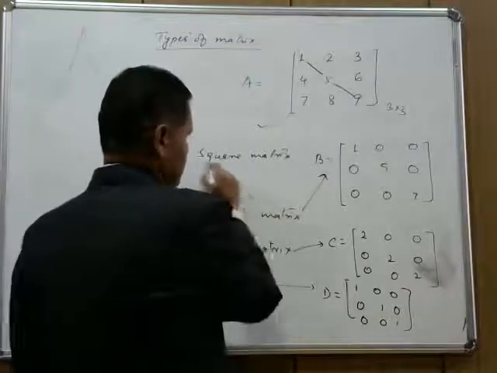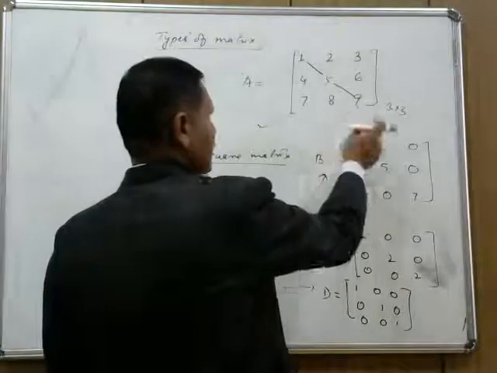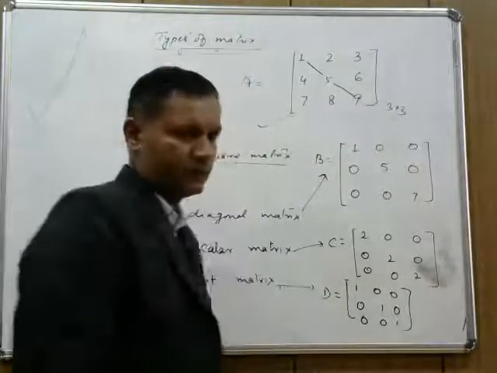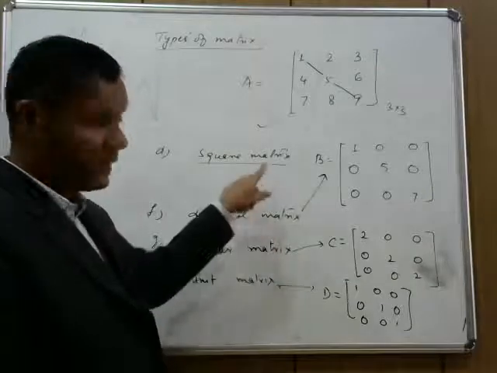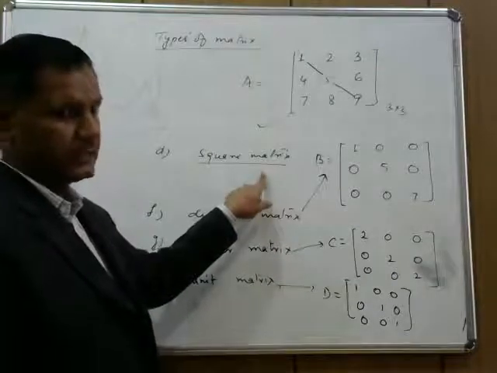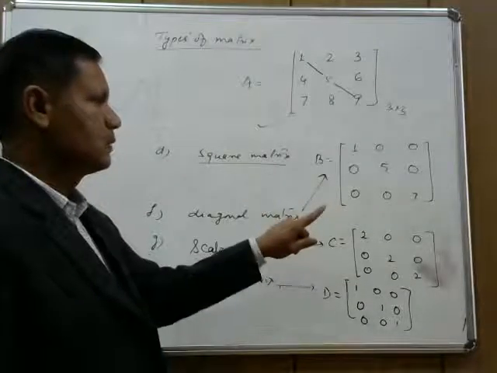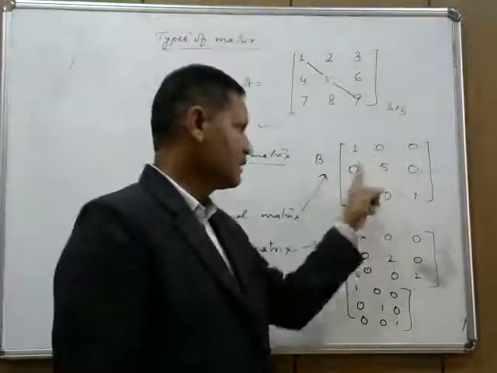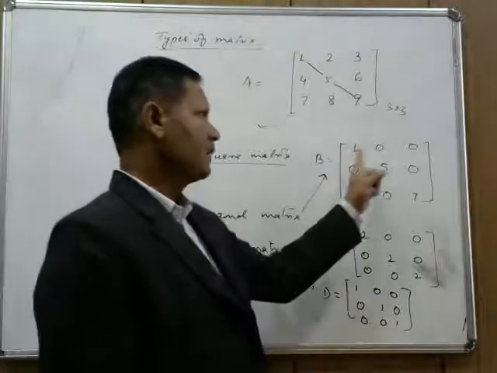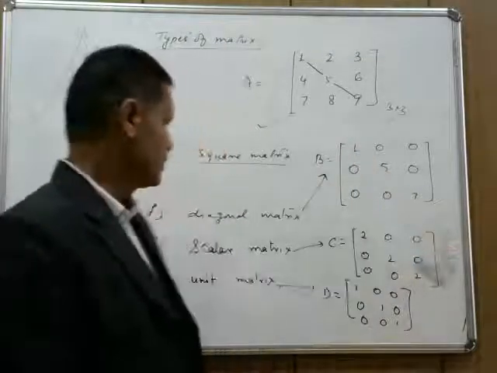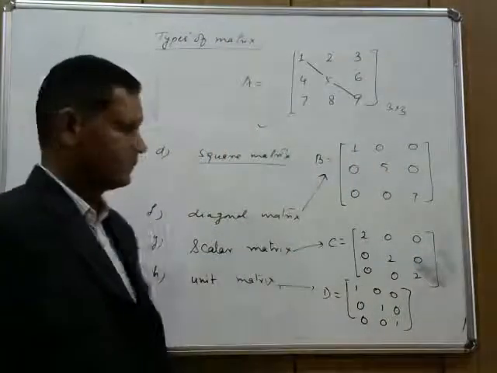A square matrix has the number of rows and columns the same. Fine. Now what is a diagonal matrix? A square matrix whose non-diagonal elements are 0 and diagonal elements are not the same is called a diagonal matrix.